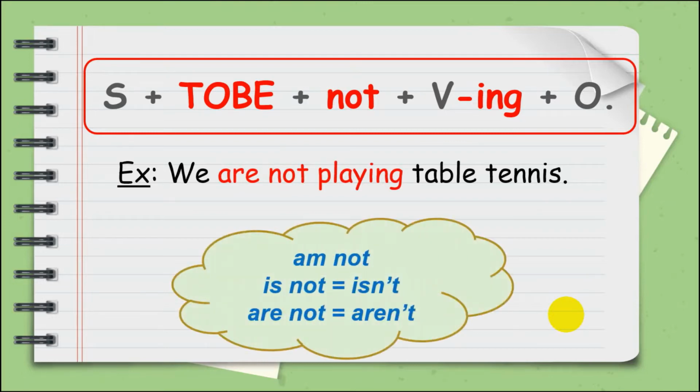Try to remember: am not, is not is isn't, are not is aren't. So today we just focus on two forms, affirmative and negative. Next time we will continue with the interrogative form of the tense.